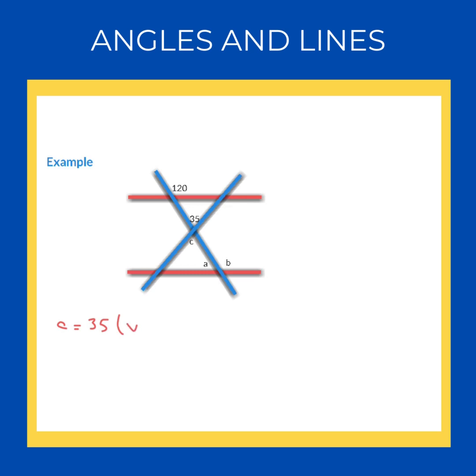So these are vertically opposite. So C is equal to 35. Now angle B is equal to 120 degrees because the angle here, which is 120 degrees, is corresponding to B. So 120 degrees and B are corresponding angles.